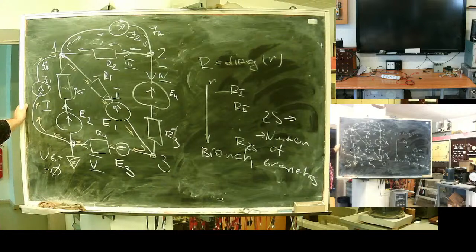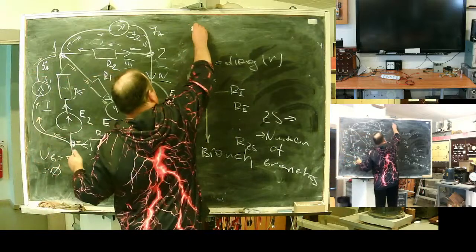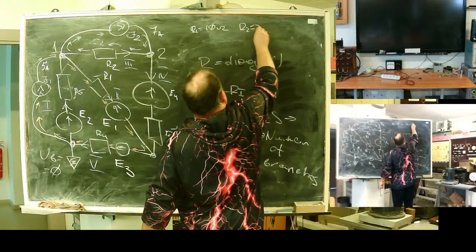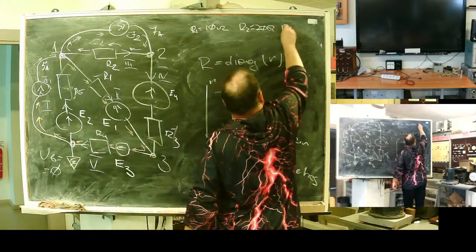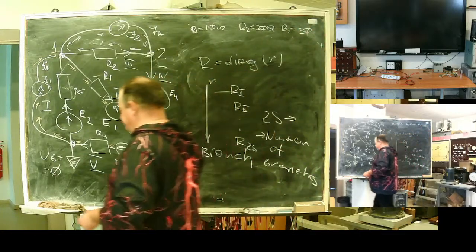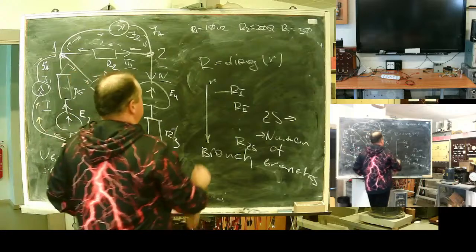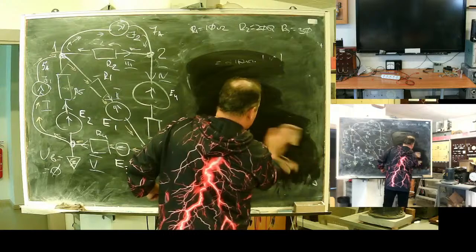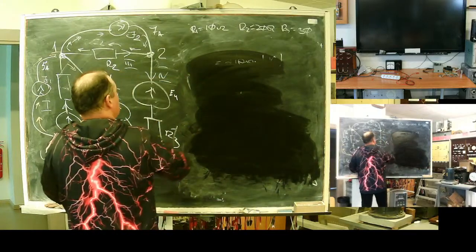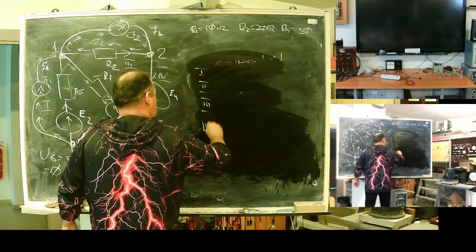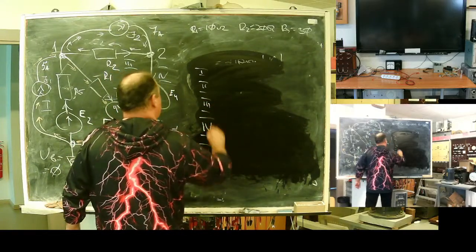Resistance, resistance, resistance. To make it easy, R1 will be 10 ohms, R2 will be 20 ohms, R3, and so on, for branches 1, 2, 3, 4, 5.